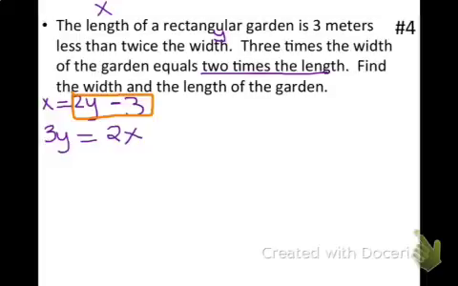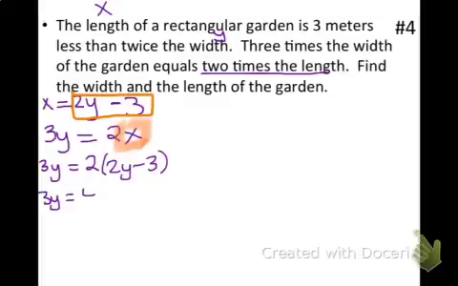I see that my x is equal to 2y minus 3, so I'm going to plug it in there. So 3y is equal to not 2 times x, but 2 times its equivalent, which is 2y minus 3. And so I get 3y is equal to 4y minus 6, using the distributive property. So now I'm going to solve, and I get negative y is equal to negative 6.